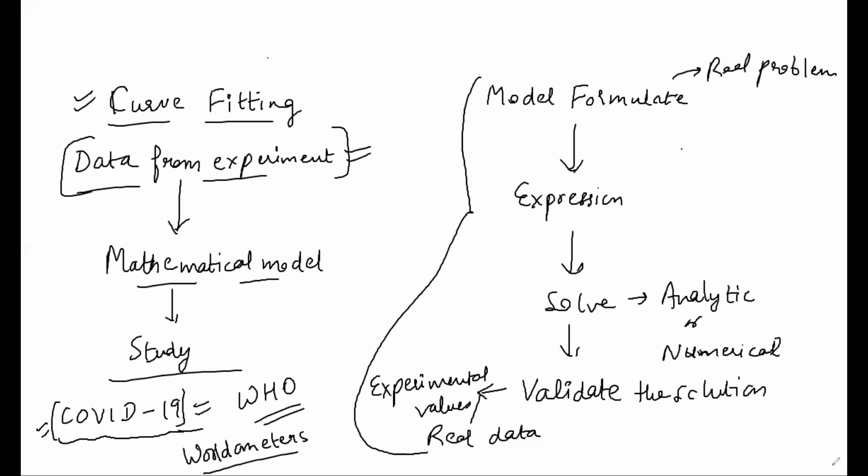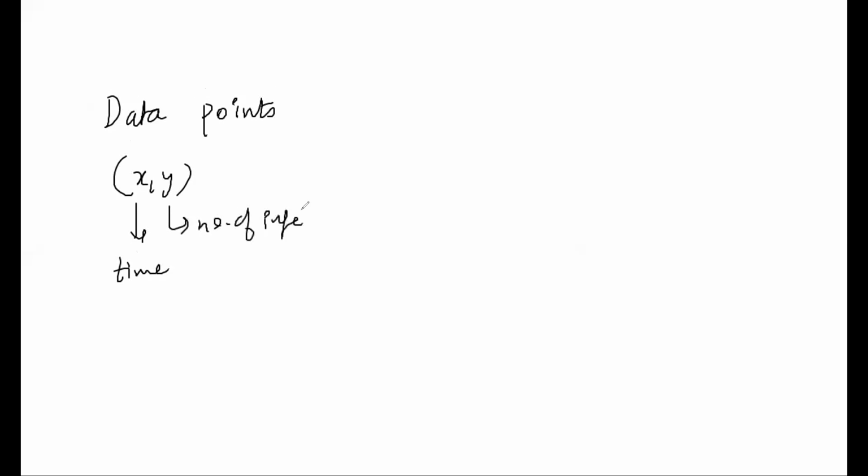The question says you have the data points with you, some random data points. Data points means the data is like this. This can be time: at this much time, this much is the number of, say, infected people. This time can be a day, this can be a month, depending upon the unit of time used in the data.